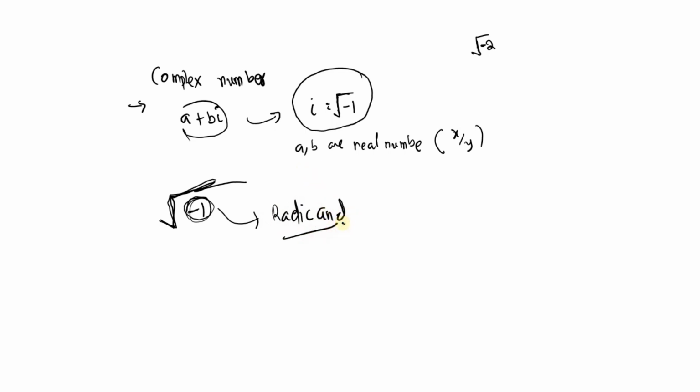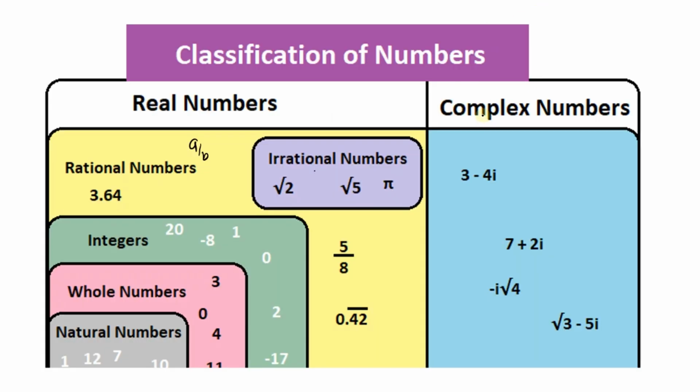So this is basically what you have to know about complex numbers. In the future we'll learn more about how to deal with complex numbers: addition, multiplication, division, and all the stuff that you need to know on complex numbers.